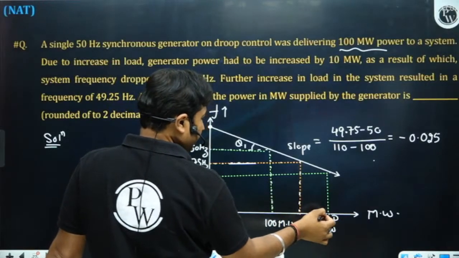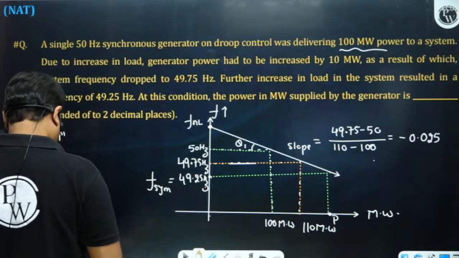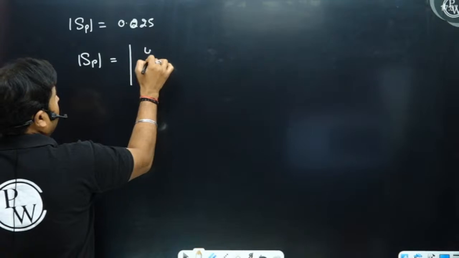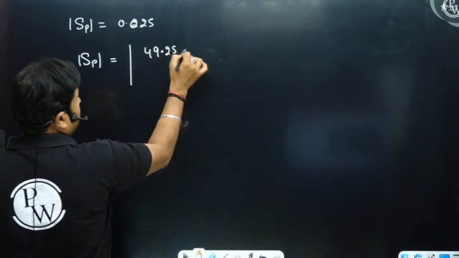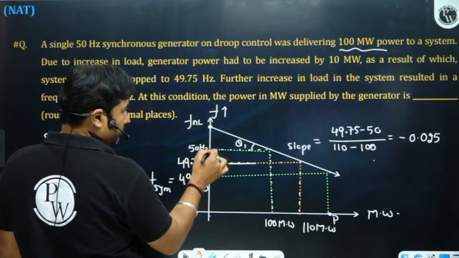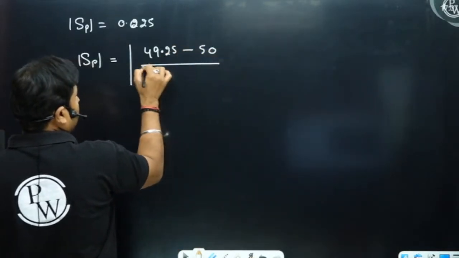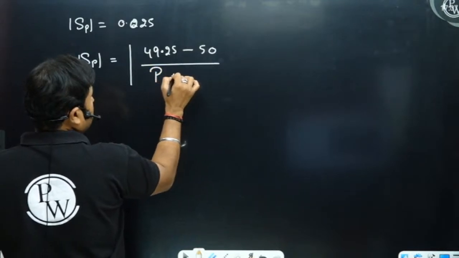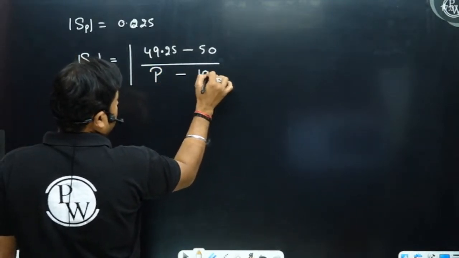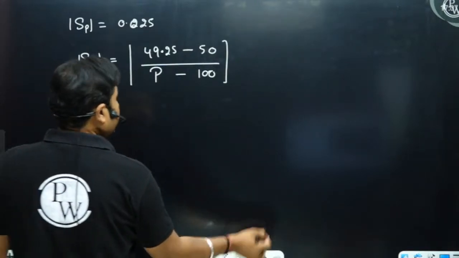The magnitude of the slope, you can also write as Y2 minus Y1, so 49.25 minus Y1, you can put 50, upon X2 minus X1, that is P minus 100. Can I write like this? Yes, sir. I'm interested in the magnitude only.